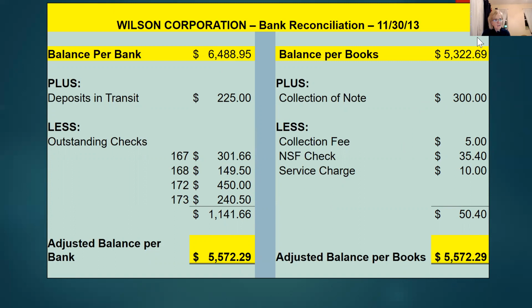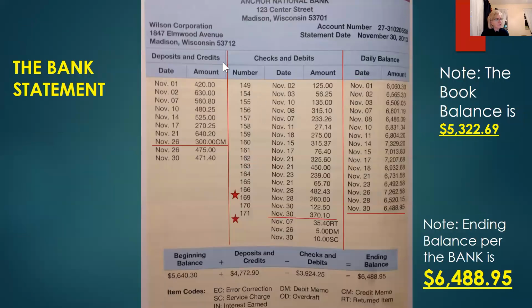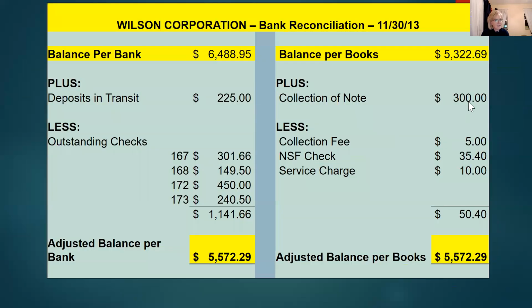This side, you start with your T account balance for cash, and these 4 items you just pick up off of the bank statement. So you go to the deposits and you say, what's that? CM. What are these 3 things? RT, DM, SC. Okay, we know it's increasing, so we're going to add it here.